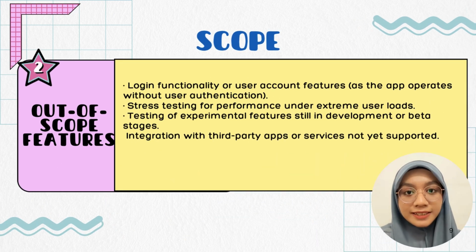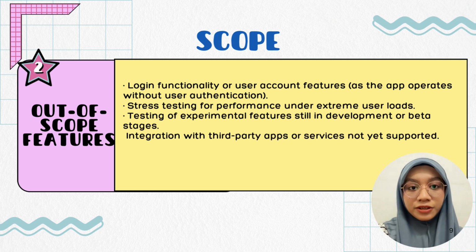Now, let's discuss the features that are out of scope. First, login functionality or user account features. The app currently operates without user authentication, meaning there are no login or user account features to test. We won't be testing any user-specific features like account creation or the login or logout process.